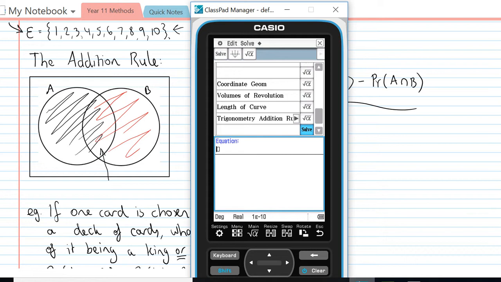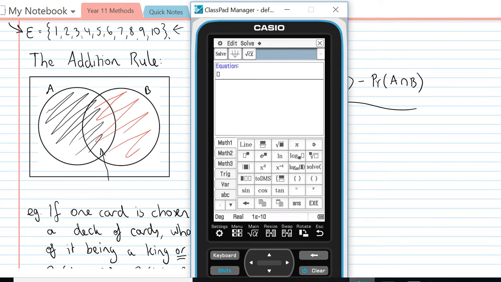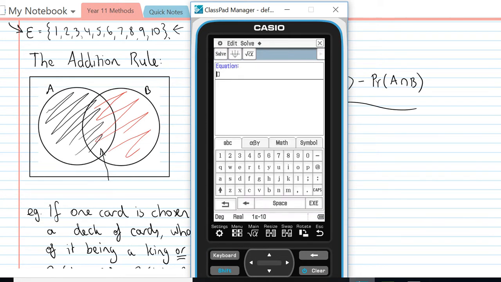So what I'm going to do is just bring up the keyboard, go into ABC, and I'm just going to type this on my computer, but you'll have to type this all in from your keyboard there, but just P of A, and then I want to do the union symbol. So to get that, I go into math, I scroll down once, twice, and there's the union symbol right there.